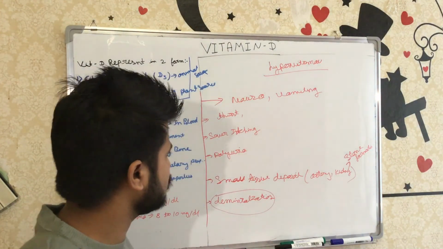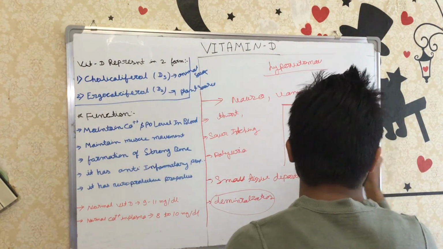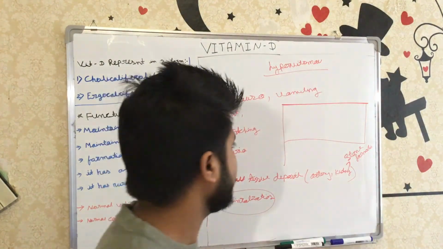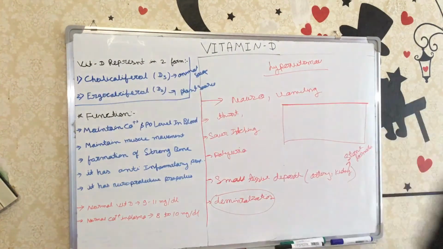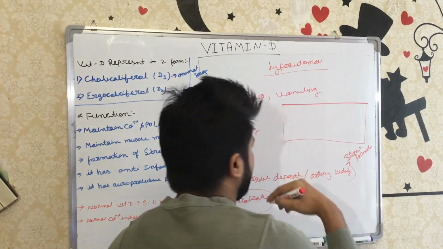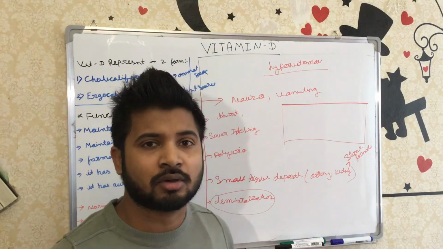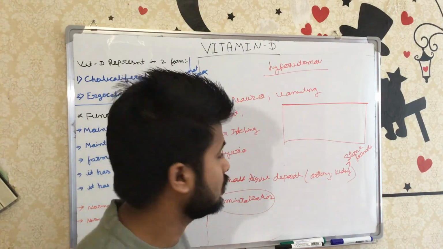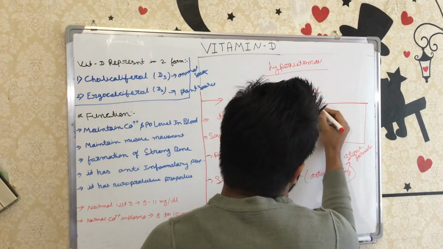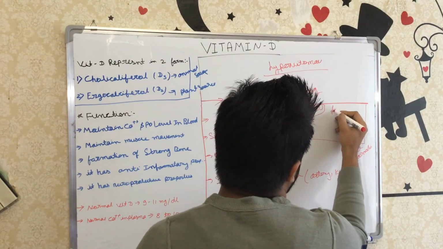And one thing I also have to mention: vitamin D is a fat soluble vitamin. That's why nowadays, if any person has a very severe lack of vitamin D, at that time 6,000 international units will be prescribed by the doctor for 1 week.